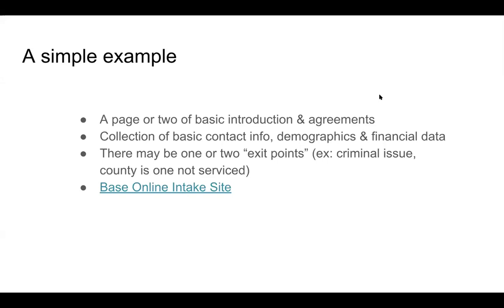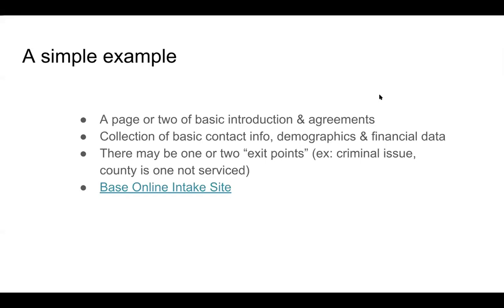But the really simple example we're going to look at usually includes a page or two of a basic introduction, a welcome, some information about how to use the site, and any agreements that you want people to select. So they need to maybe click to agree that they understand filling out this online intake doesn't create a relationship between them and a lawyer or anything like that.